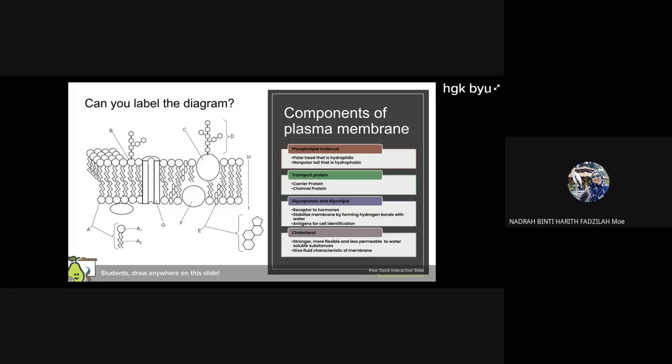A1 is hydrophilic head atau kepala hidrofilik, A2 is the hydrophobic tail atau ekor hidrofobik. Tak ada masalah, you can label that just like that. Okay, untuk B kita nampak di atasnya ada tanduk dekat situ.